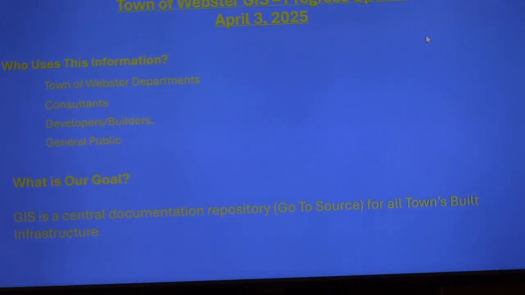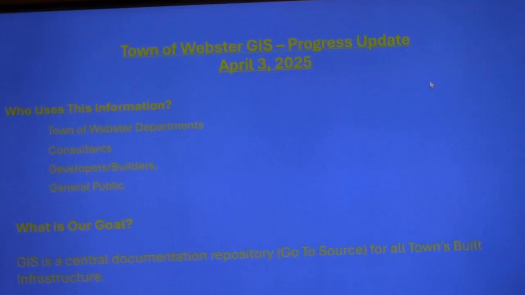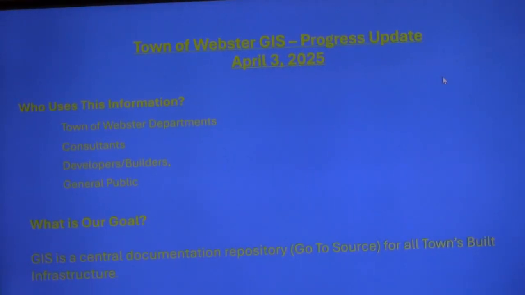So just to talk about who uses this information, it's really a wide swath of individuals and people. It starts with any of the town departments. Probably the most specific would be engineering, highway, sewer, and planning, but also our consultants, the builders and their consultants, as well as the general public. It's a repository, if you will, of information that shows our built infrastructure, and many organizations and people are interested in what that is.